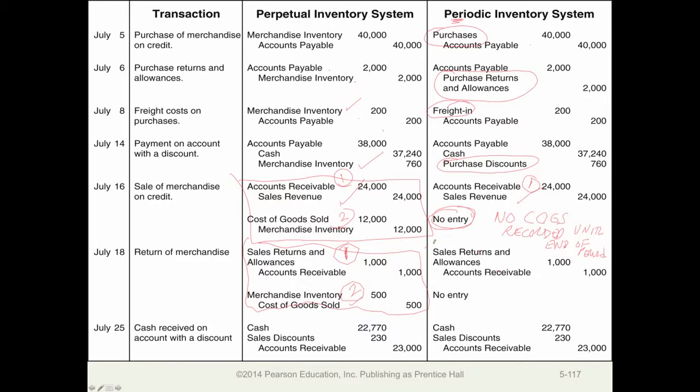Once again, under a periodic system, you don't affect inventory directly, so you would not have the inventory restored until the end of the accounting period. And then finally, on the sales discounts, and again, all these numbers are assumed, that would be exactly the same if a customer paid you within the discount period.